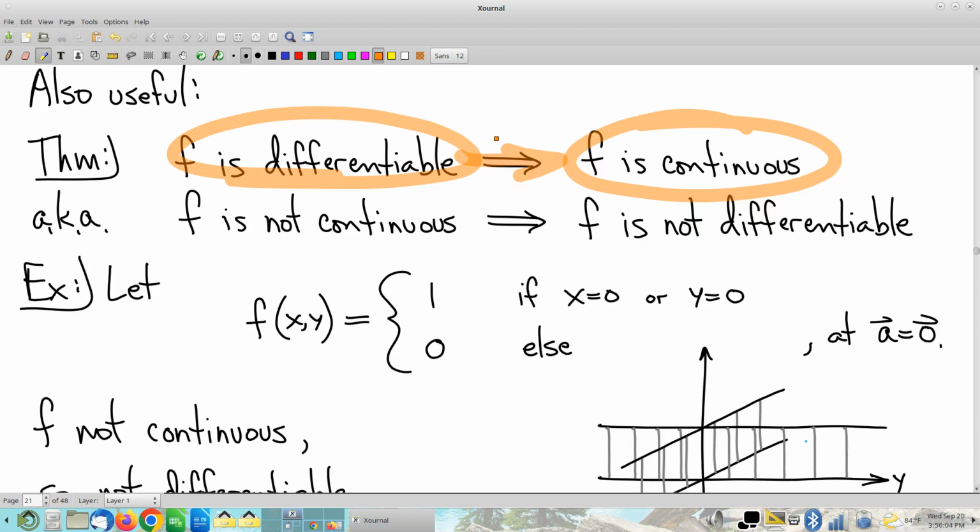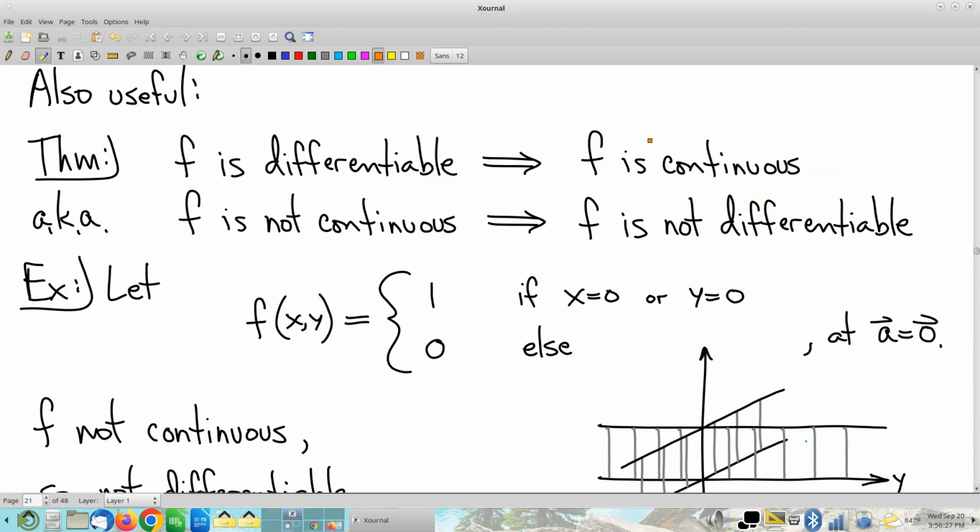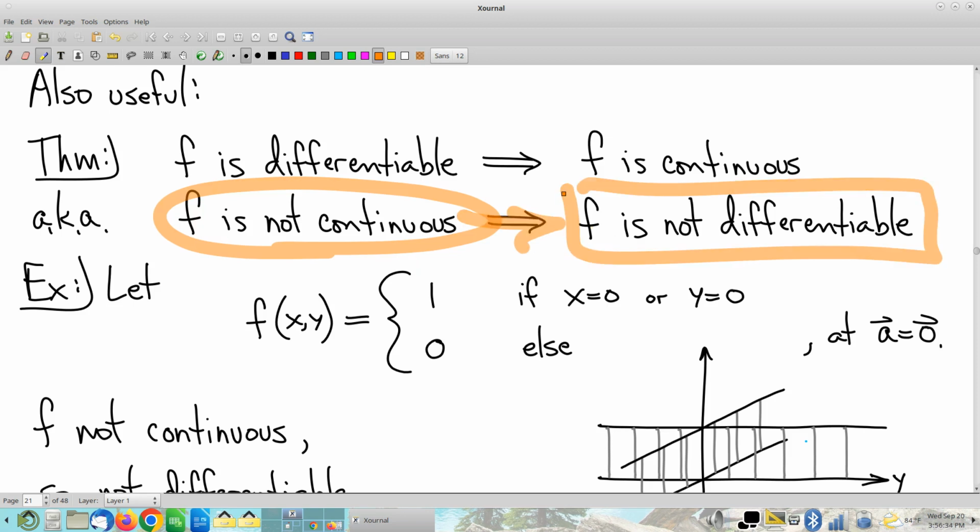So I'm going to do what's called the contrapositive. I hope y'all are familiar with the contrapositive. If you're not, it's a good thing to look up. The idea is if P implies Q, then not Q implies not P. And if you just think it through, it's a pretty easy pitch. Anyway, the contrapositive says if you have a function that's not continuous, then game over, it's definitely not differentiable.